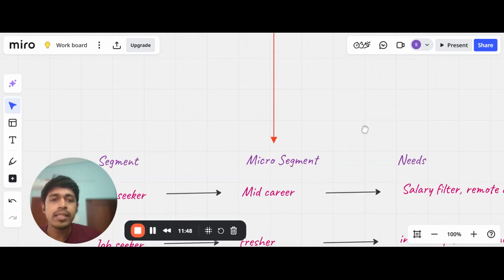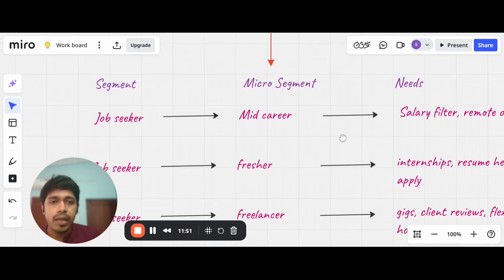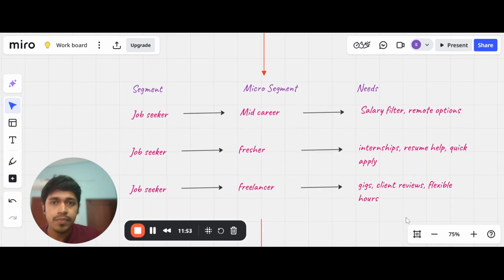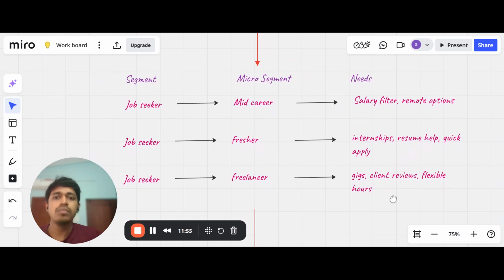Now let's look at one example. Okay, so let's forget the Airbnb example. We'll start with a new example. Let's think about LinkedIn. LinkedIn has different types of users.